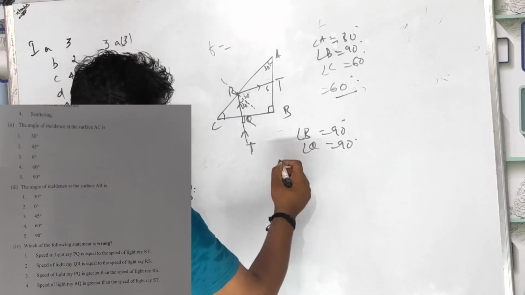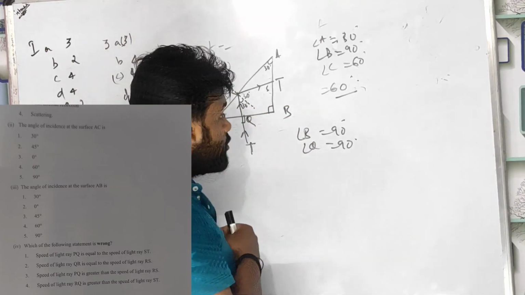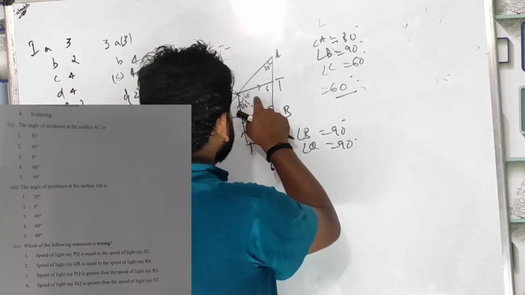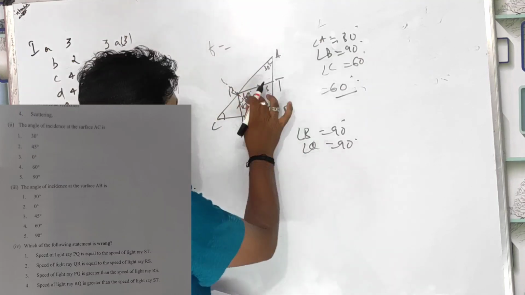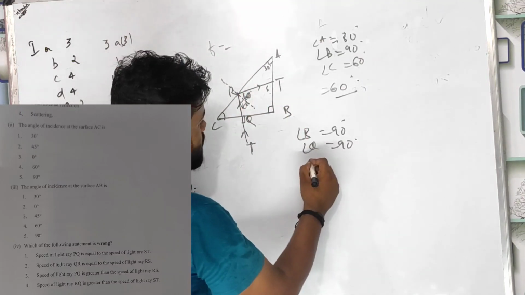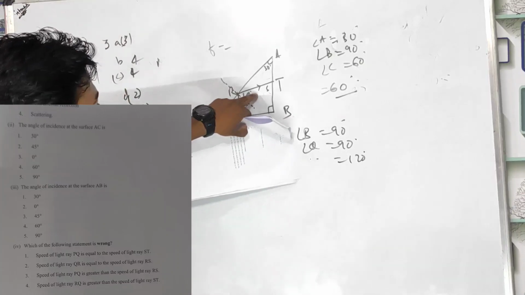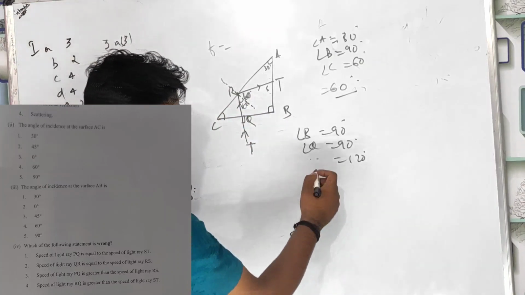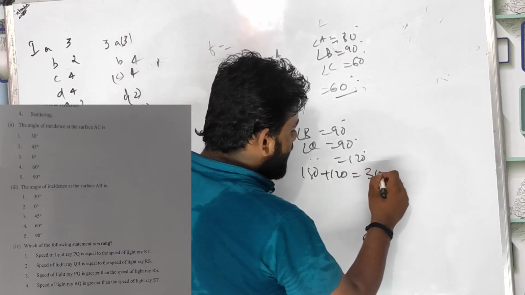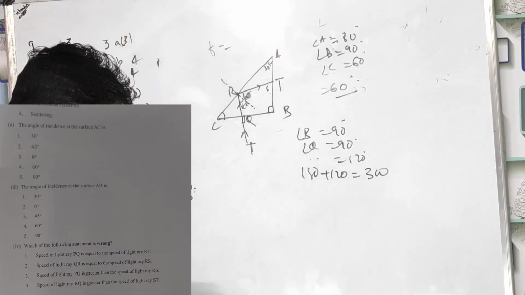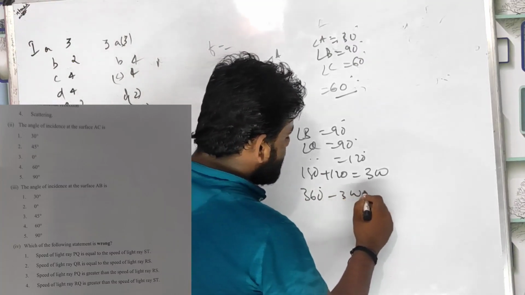Then you have got 60 degrees, 60 plus 60 is 120. That means we have got an angle of incidence of 120. That means 180 plus 120 is 300. So 360 minus 300 is 60 degrees.